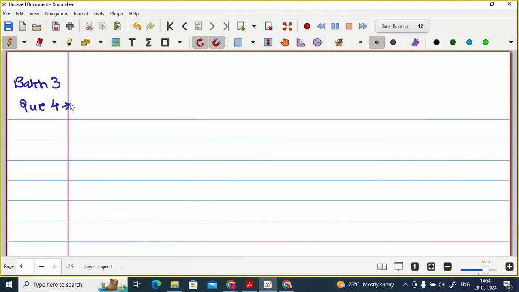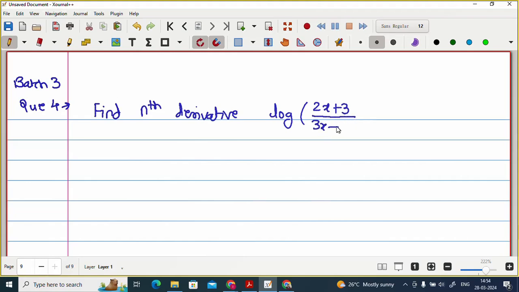What is the question? Find nth derivative of log of 2x plus 3 divided by 3x plus 1. Okay.